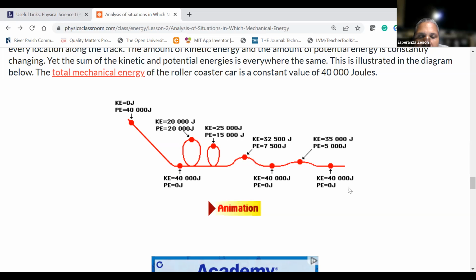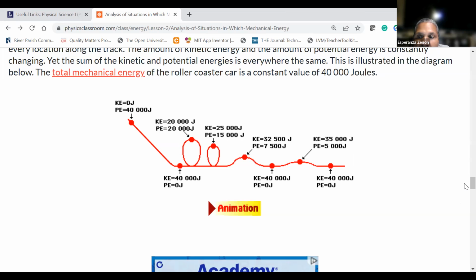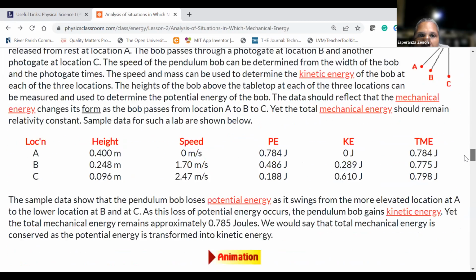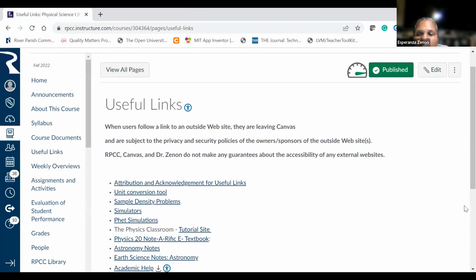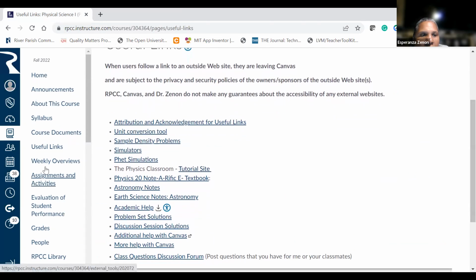Okay, so that's a nice visual. And in fact, I would suggest to you that you come out to this website and try some of the sample problems they have, to get familiar with the idea of conservation of energy. It's not only useful for this lecture class, but it's very useful for what you're going to be seeing in the lab class. Okay. All right.